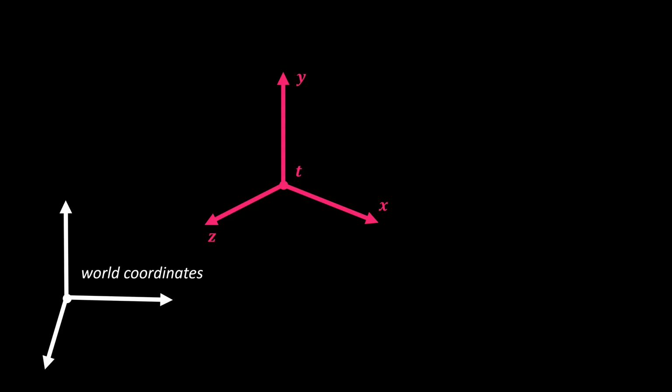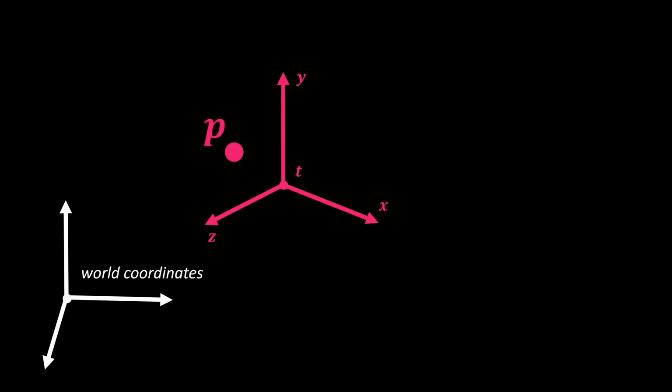So if you were to write down t in actual numbers to say where t was, that would be with respect to the world coordinate frame, or the world coordinate axis system. Because this red coordinate system needs to live somewhere, and it lives in world coordinates, and that's just how it's going to be.